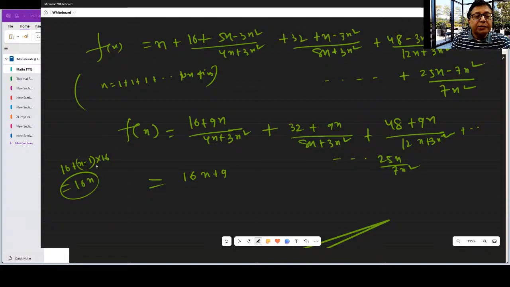Nth term I am writing, this divided by 4n. See, the last term has come. Last term following the pattern. Last term you can write in this form. Nth term, no?